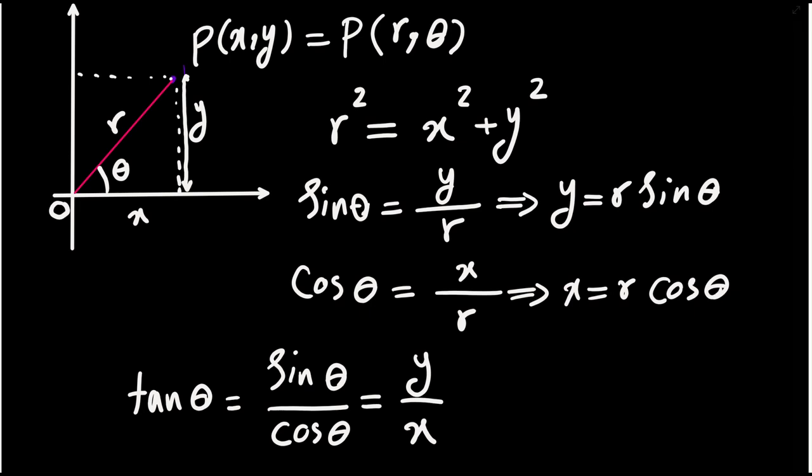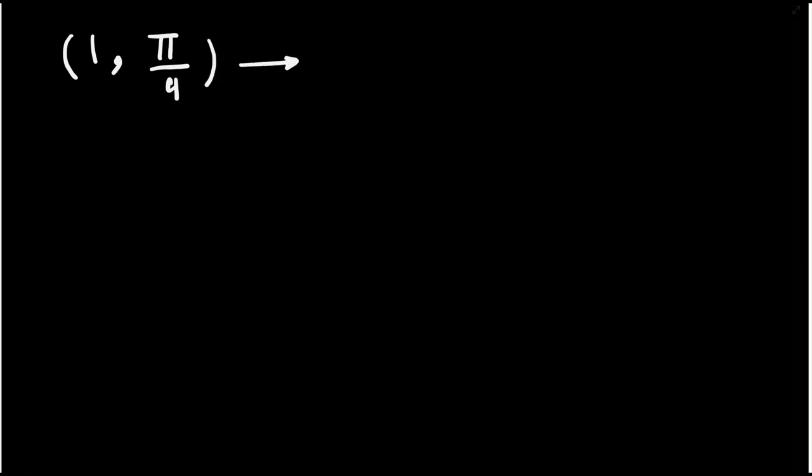Now let's do some examples together. Consider the point (1, pi over 4). As you see, it's in polar coordinates. We have r and theta, and we are looking for x and y.